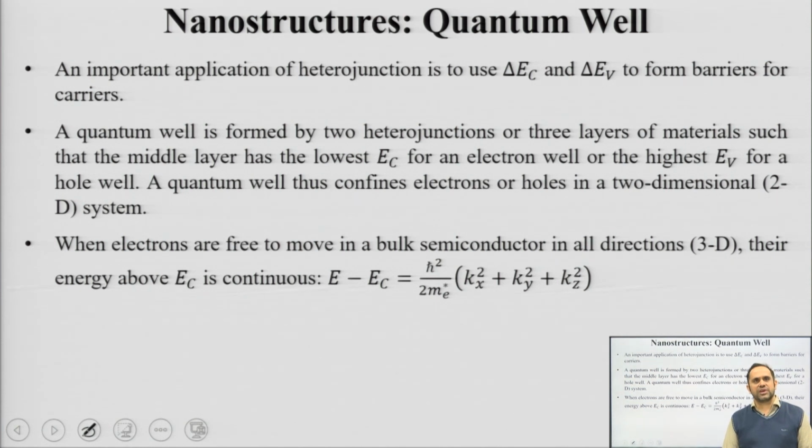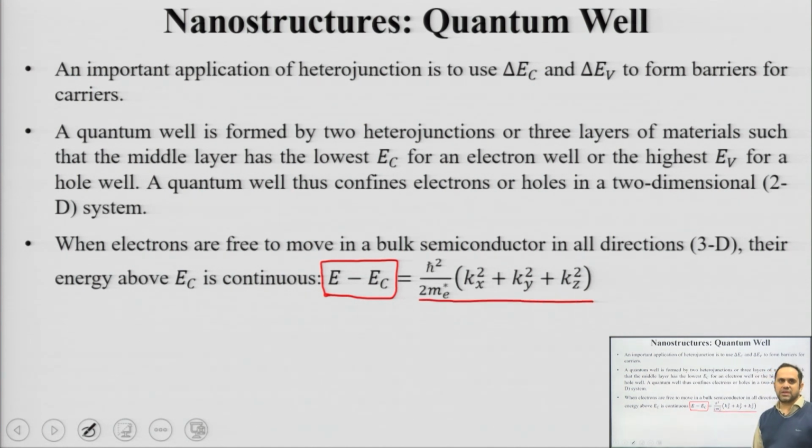When electrons are free to move in a bulk semiconductor in all 3 dimensions, their energy above Ec is continuous. So, if E is the energy, then E minus Ec is the energy of a charge carrier, the energy of an electron inside the conduction band, given by this equation here. The origin of this equation is in kinetic energy, half of m v square, and v you can relate with the momentum.